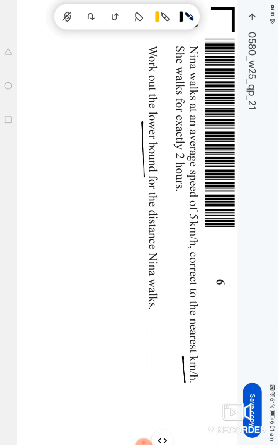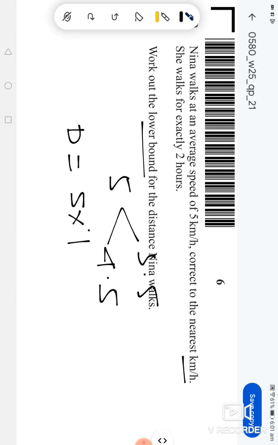So the upper bound of 5 is 5.5 and the lower bound is 4.5. Distance equals speed times time. So speed lower bound 4.5 multiplied by 2 equals 9 kilometers.